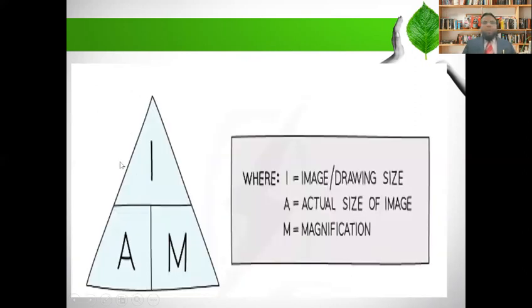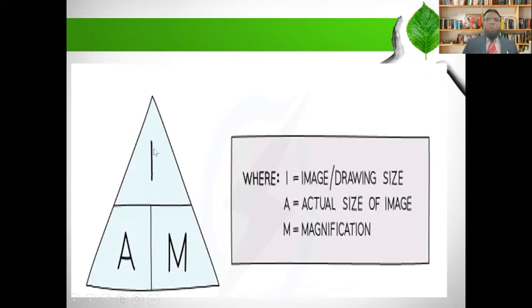Now, just understand this magnification concept by the triangle. Here, I means the image or drawing size, or the measured size, or the length or diameter, A means the actual size, and M means magnification. So here you can easily derive the formula for magnification: magnification equals image size divided by the actual size. If you want the actual size, you have to divide the image size by the magnification.